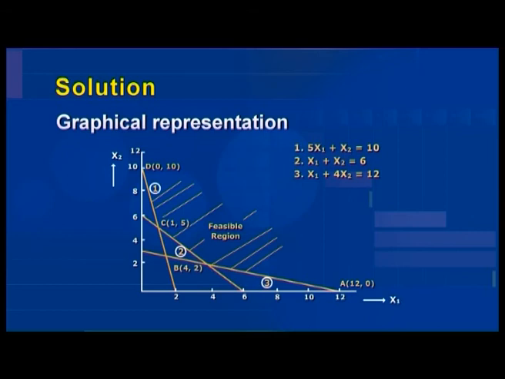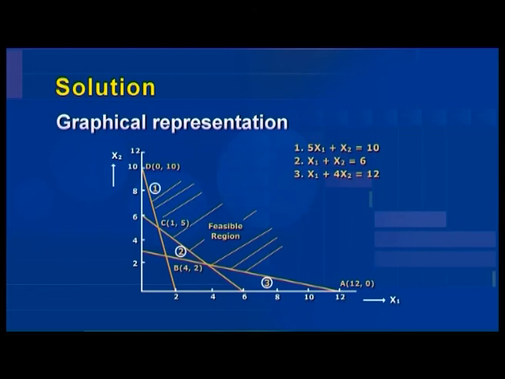Consider the constraint 5x1 + x2 ≥ 10. Treat this as the equation 5x1 + x2 = 10. The easiest way to plot this line is to find any two points that satisfy the equation and then to draw a straight line through them. The two points are generally the points at which the line intersects the x1 and x2 axes.